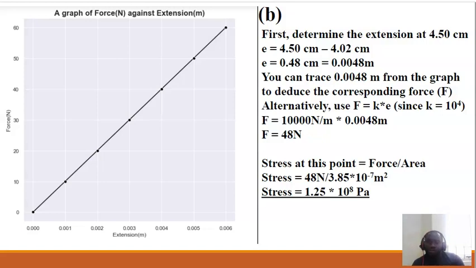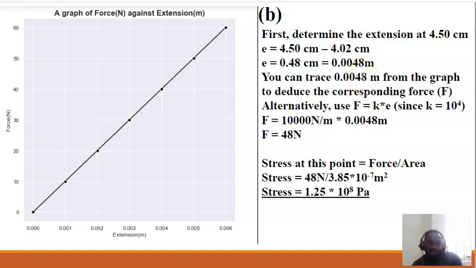So what you need to do, of course, is to find the extension first at that point. And what we do to do that is to subtract 4.02 centimeter, which is the point after which the spring is stopped. So if you do that, 4.50 cm minus 4.02 cm, you will get 0.48 cm, which in meters will be 0.0048 meters.